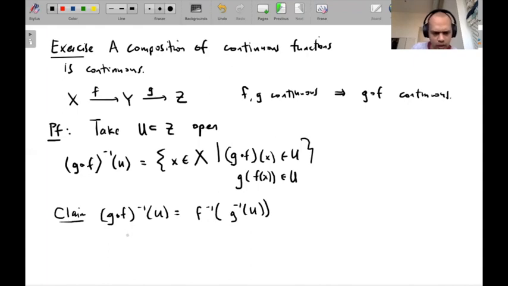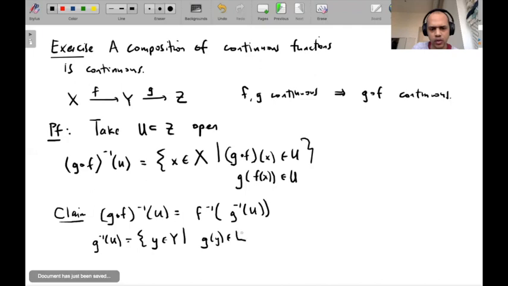Right, so let's see why this is true. I've already written out the left hand side here. The right hand side, G inverse of U, this is y in Y so that G of y is in U. No, sorry, this isn't how I want to write this.